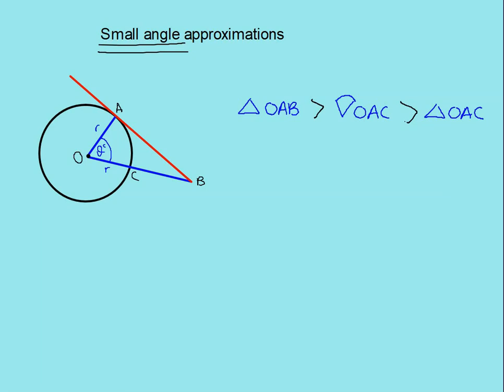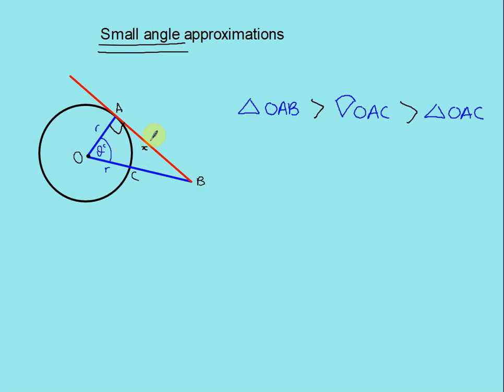So let's work out the area of this triangle OAB. Right. The great thing about this tangent and radius, we know this is 90. So area of a triangle is just base times height, but we don't know this length here. But because of Pythagoras, trigonometry, we can work this out. So we want this, so let's just call this x for now. And I don't know this length, but I do know this, so let's use these two.